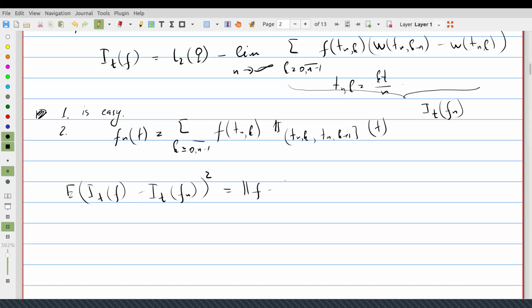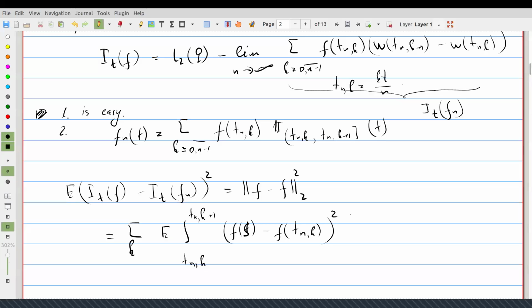But this is just, by the isometry, the sum over k of the mathematical expectation of the integral over [t_n_k, t_n_k+1] of (f(s) minus f(t_n_k)) squared ds.